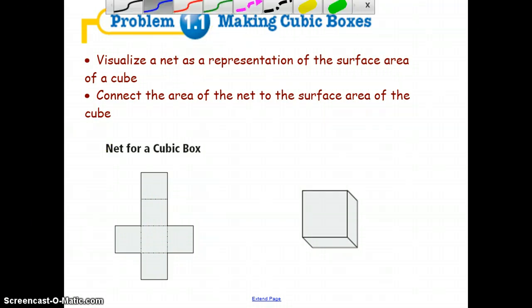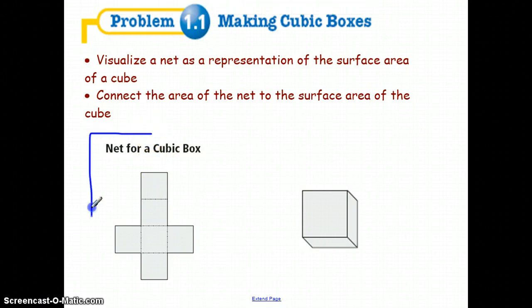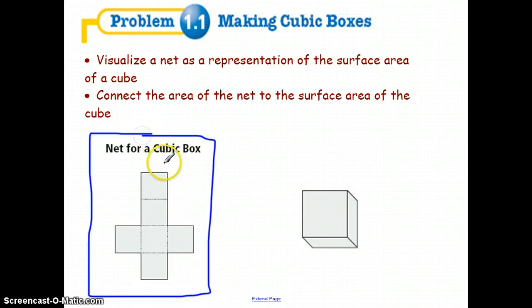As you can see here, here's a two-dimensional object, and here's the design that allows you to possibly make a three-dimensional object such as a cube.